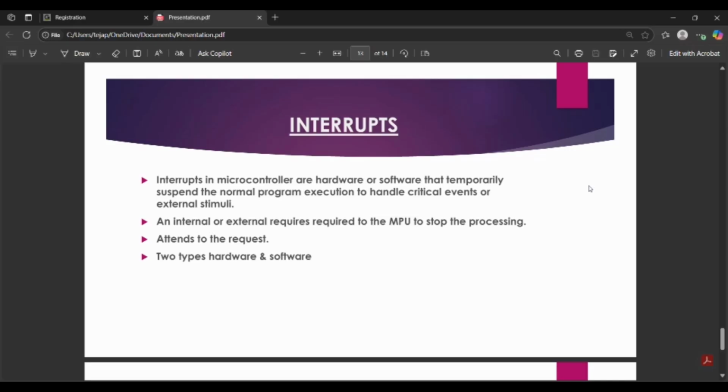Interrupts are of two types: hardware and software. Interrupts are used to handle critical events.